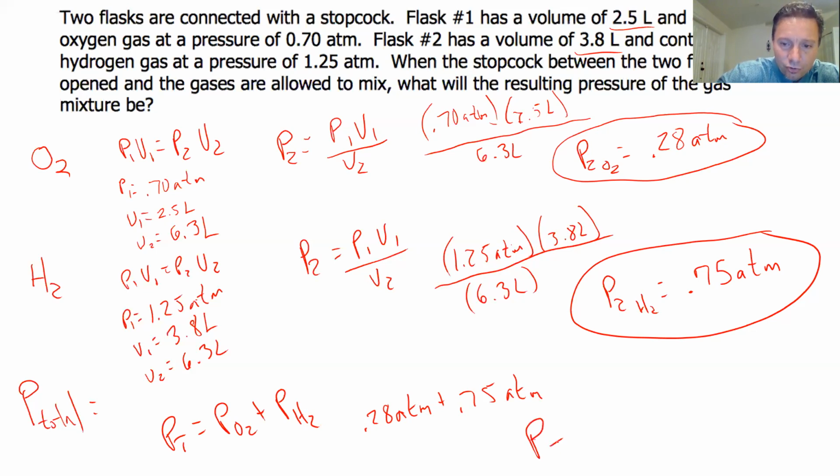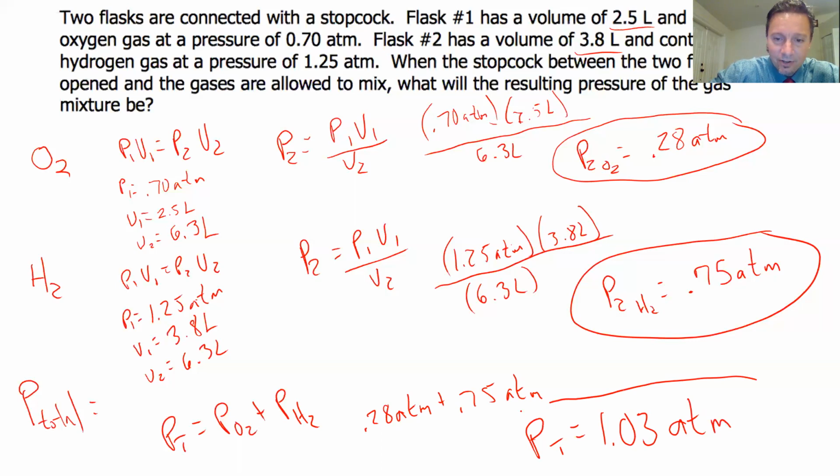So once I open the stopcock and allow the gases to move across, 0.28 plus 0.75. I have to keep 2 decimal places because I'm adding. So I have 1.03 atmospheres. And that is my pressure total.